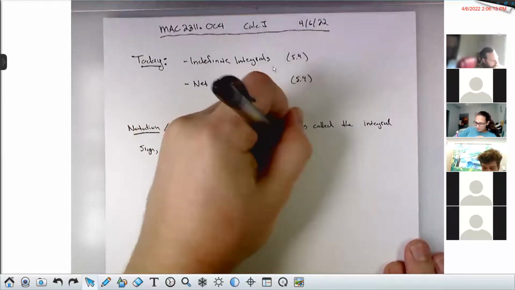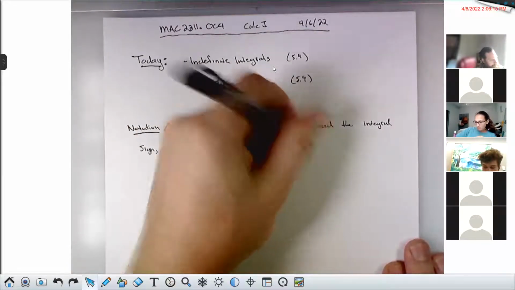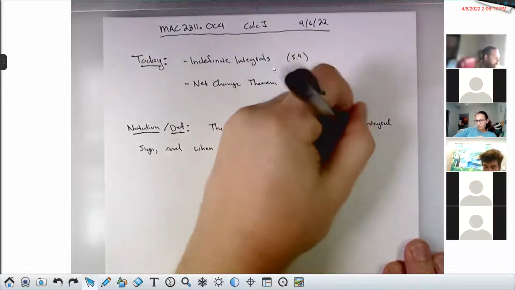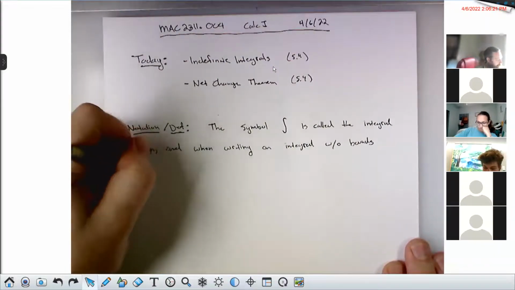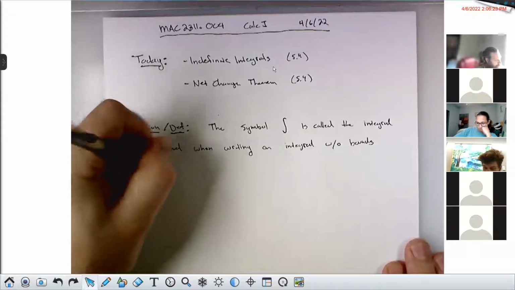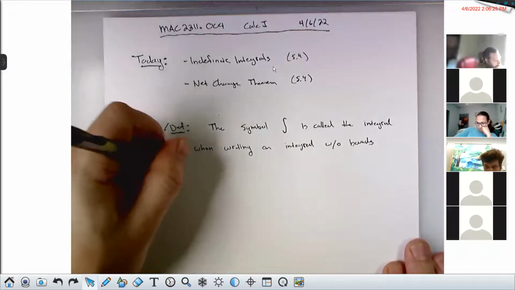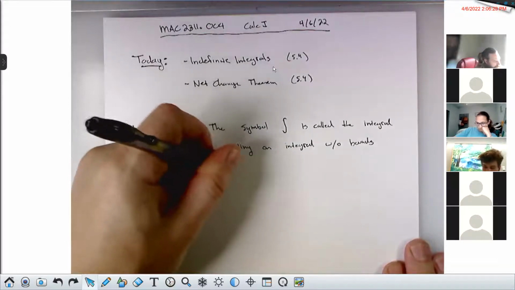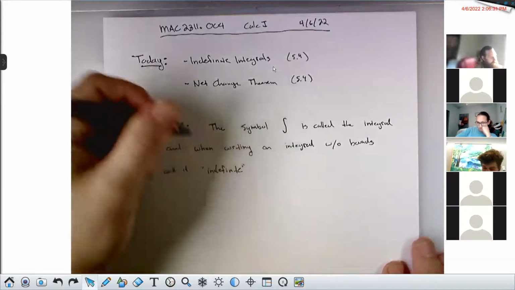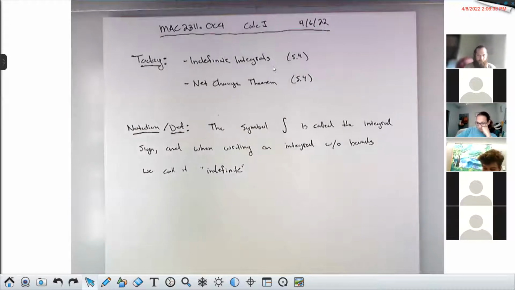When writing an integral without bounds, we call it indefinite, which is to contrast it with the integrals that you see written with bounds, right? Like integral from 0 to 1 or something.